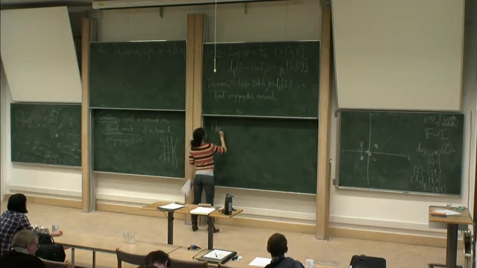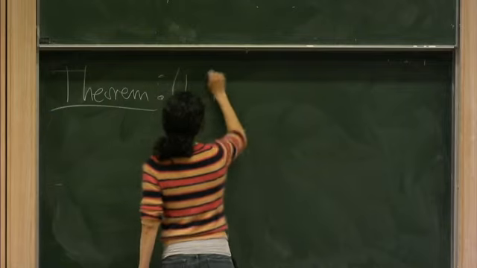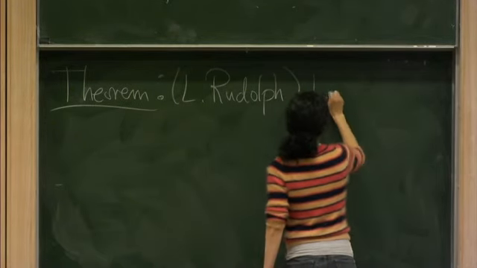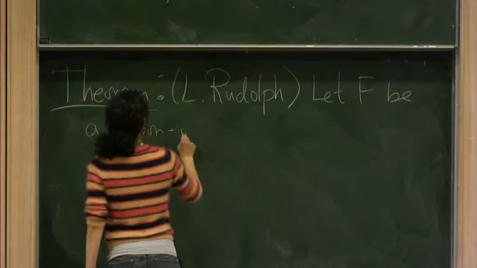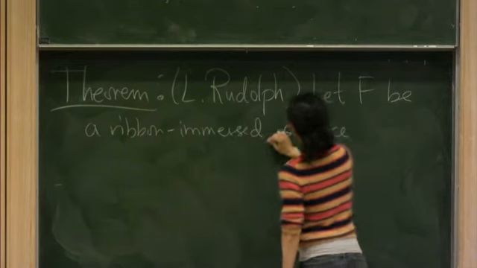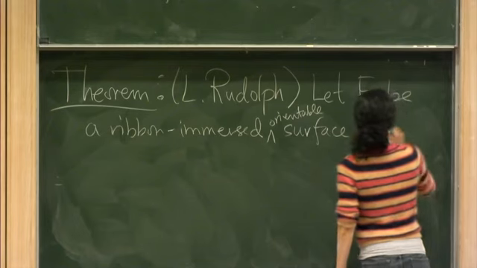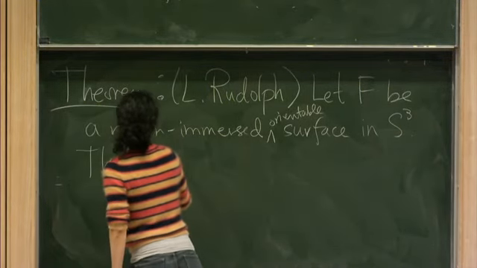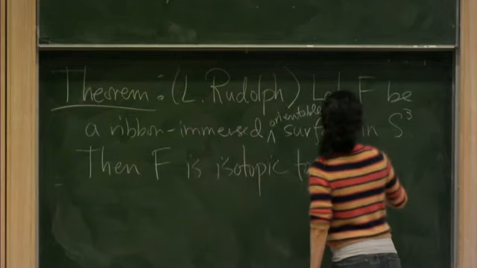So here's the theorem. Let F be a ribbon immersed orientable surface in S3. Again, all my surfaces are orientable. Then F is isotopic to a so-called banded braided surface.